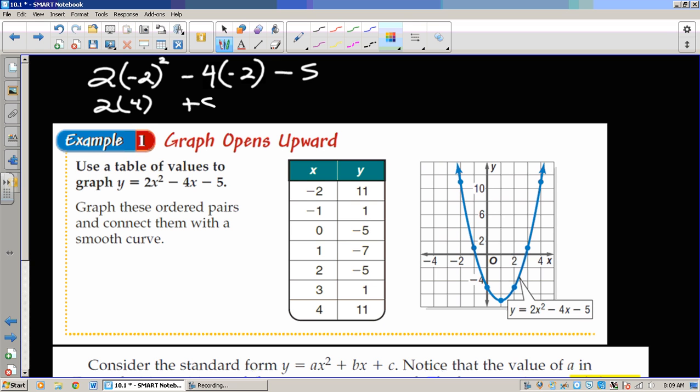So it's +8 and -5. So now I've got 8 here, because 2 times 4 is 8. 8 plus 8 is 16. And 16 minus 5 is 11. This one here goes to 11.